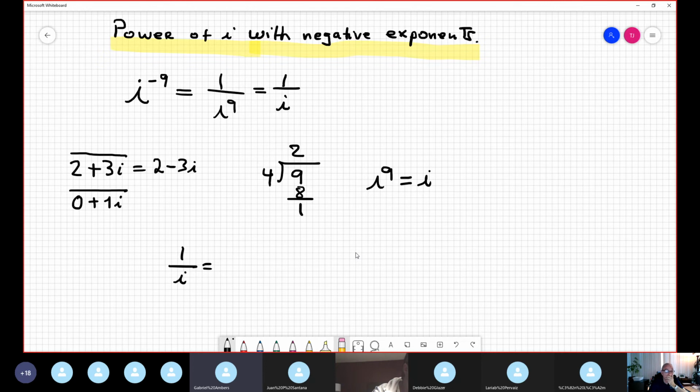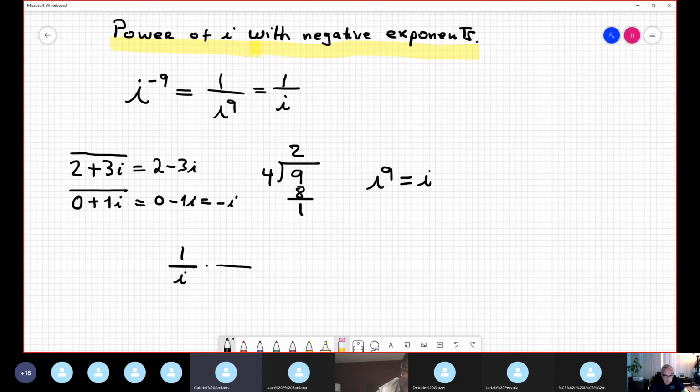It's a pure imaginary number. So it's 0 minus 1i. So you change the sign. The actual is negative i. So the conjugate of i is negative i. Makes sense or no?